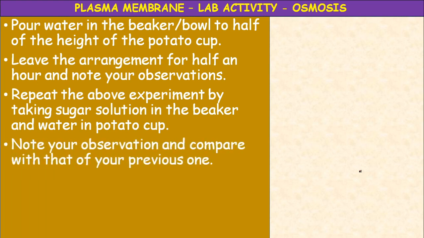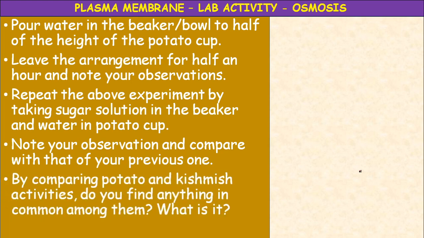Note your observation and compare with your previous one. So we are conducting two experiments simultaneously, two lab activities. By comparing the potato and kishmish activities, do you find anything in common?